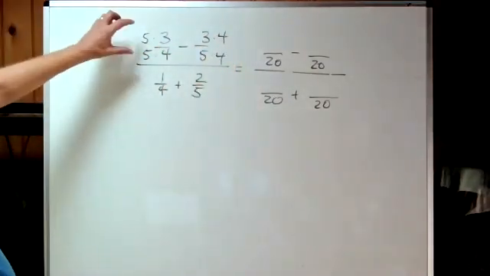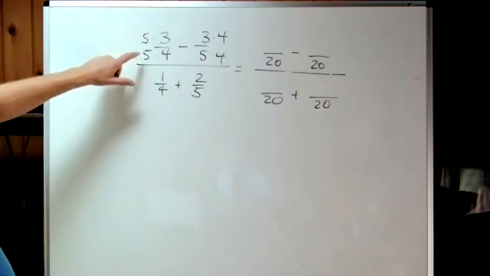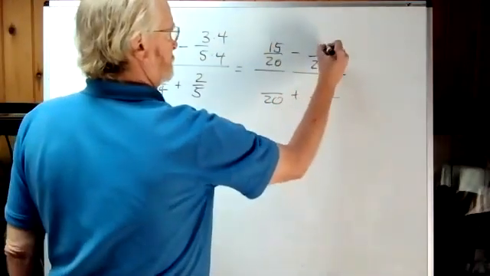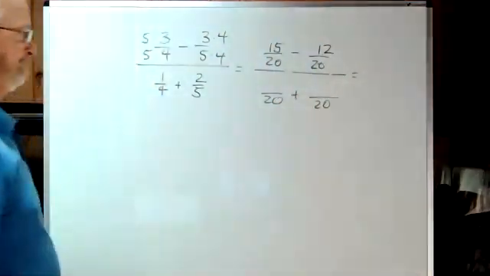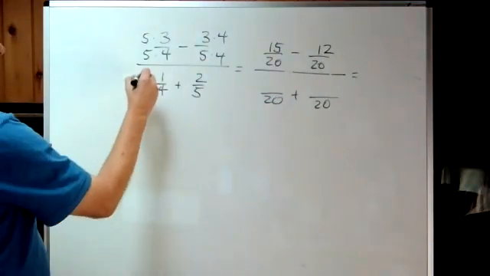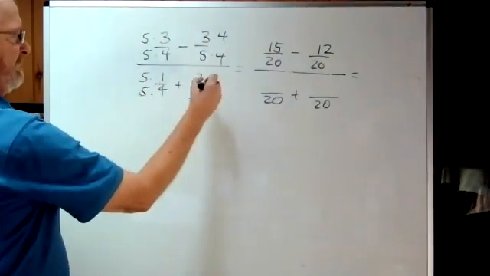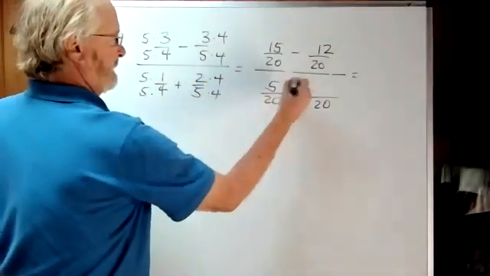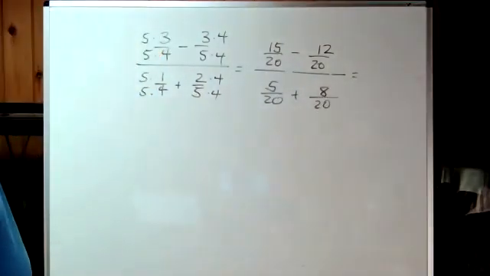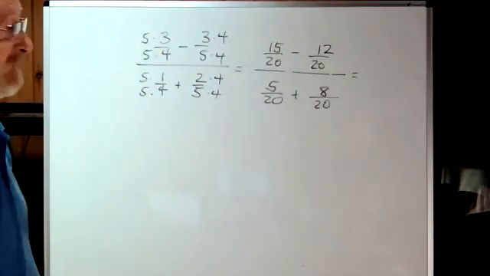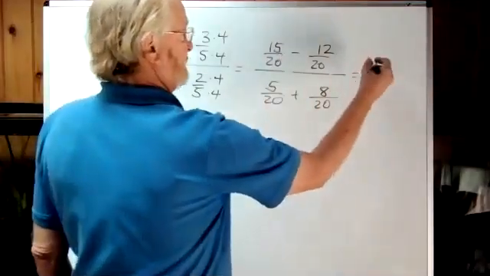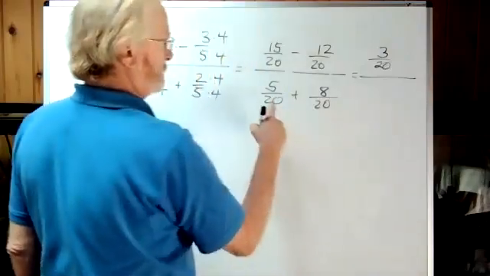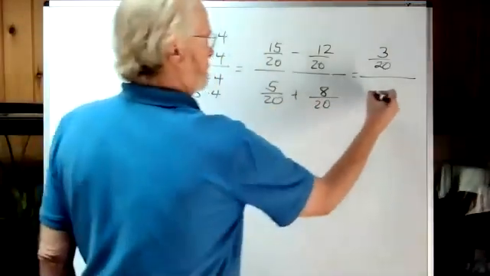Do it at the top and bottom of both equivalent fractions. 15, 12. Okay. Similarly here, times 5, times 4. Excuse me, 5 and 8. Now finally, just to get to simple fractions, minus, so 3/20 over 5 plus 8, 13.